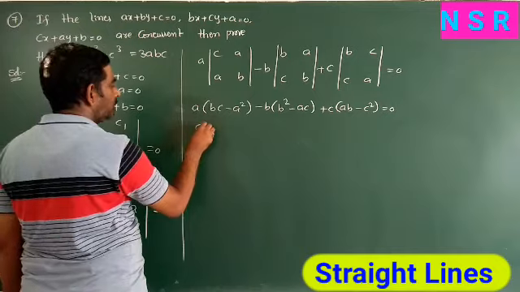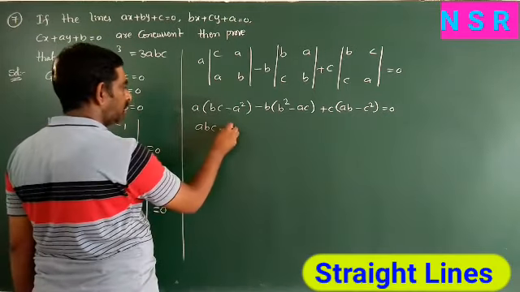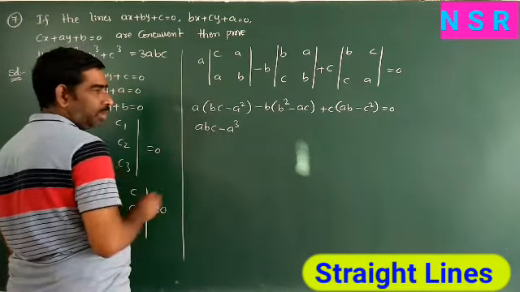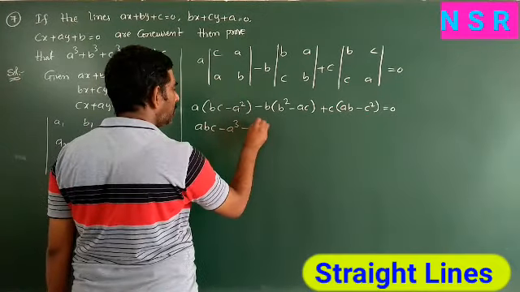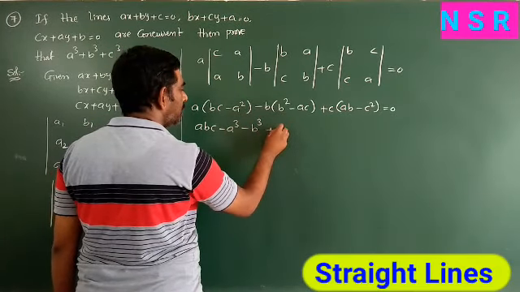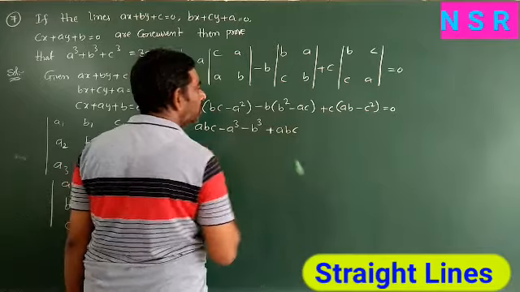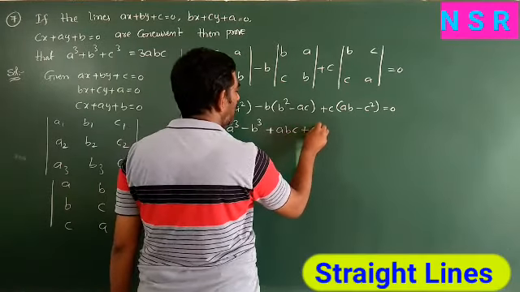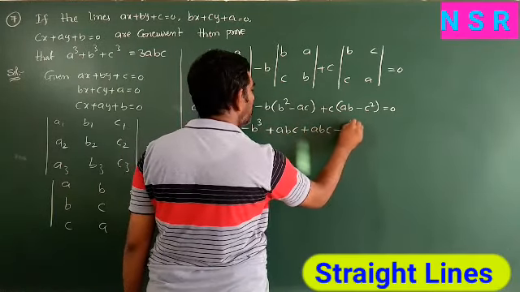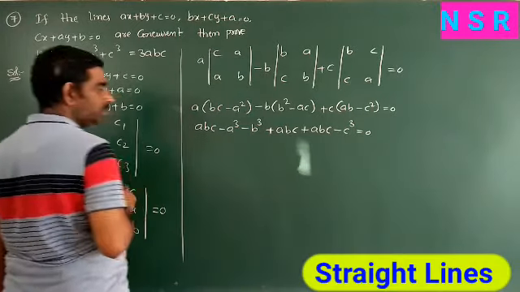So a into bc is abc, minus a into a square is a cube, minus b into b square is b cube, plus b into ac is abc, plus c into ab is abc, minus c into c square is c cube, equal to 0.